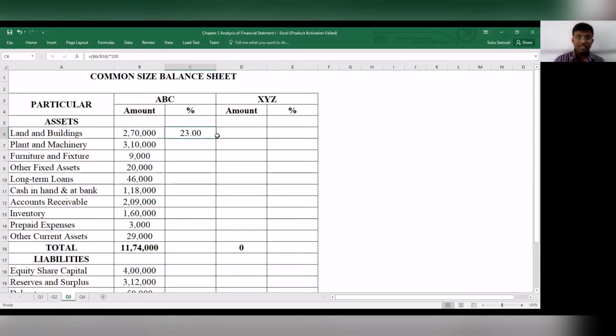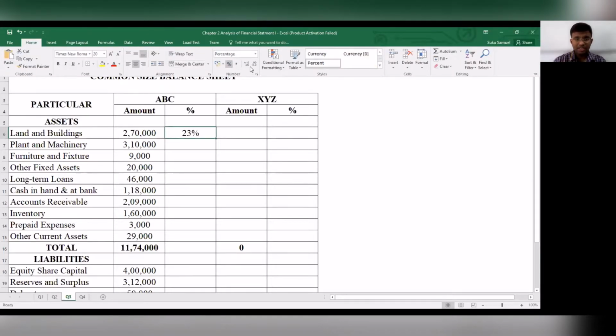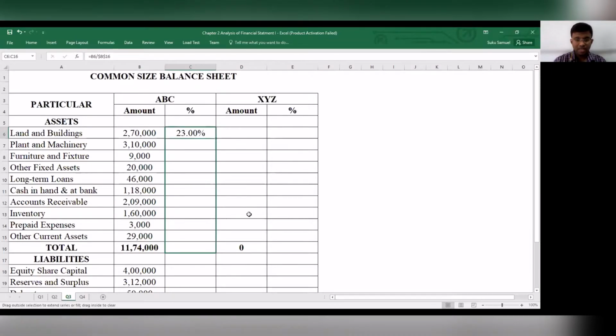Similarly, you will have to calculate for all the items which are mentioned over here. And since I'm working this out using Excel, I'm just going to quickly run a formula for that, and let me just calculate the percentage. Like this, similarly, you will have to work it out for all the items mentioned over here.